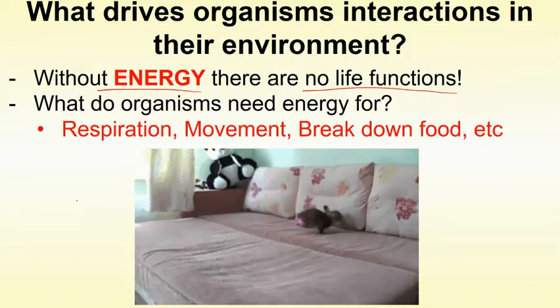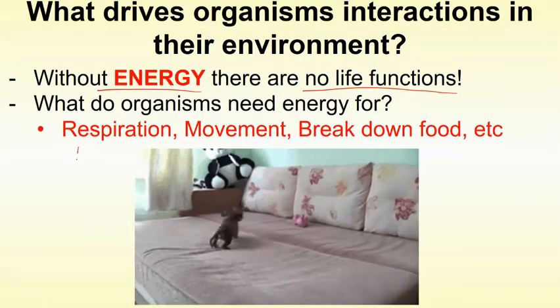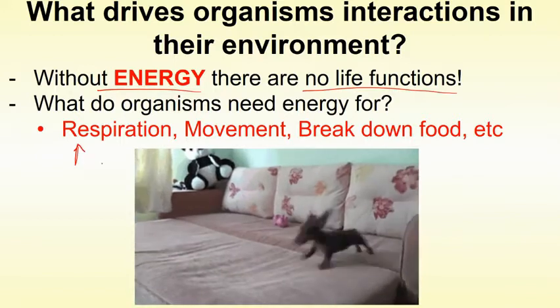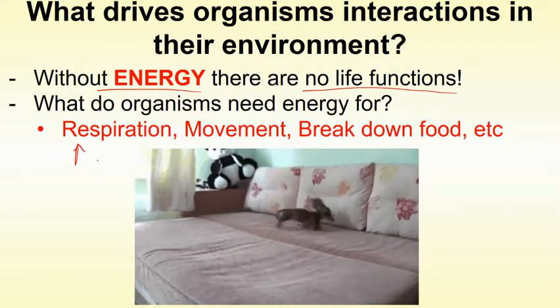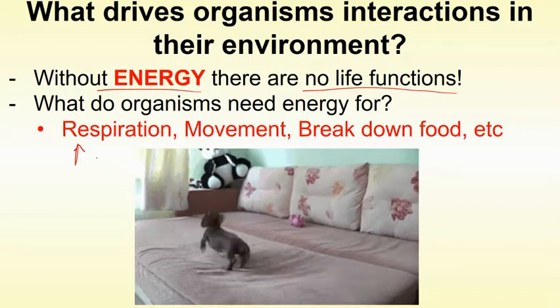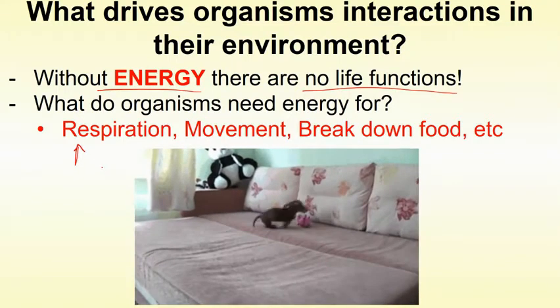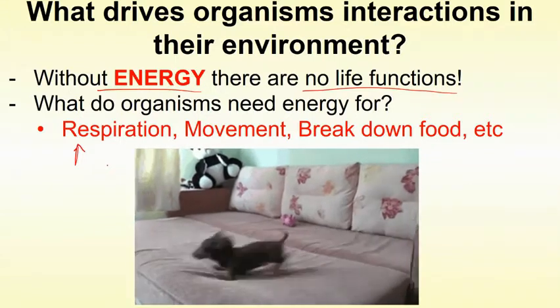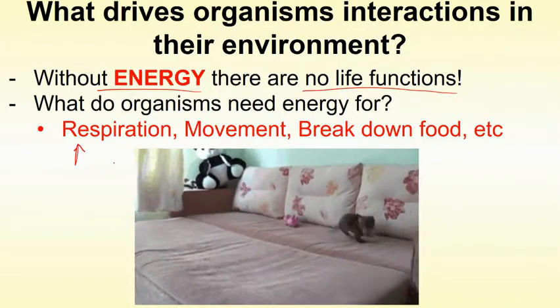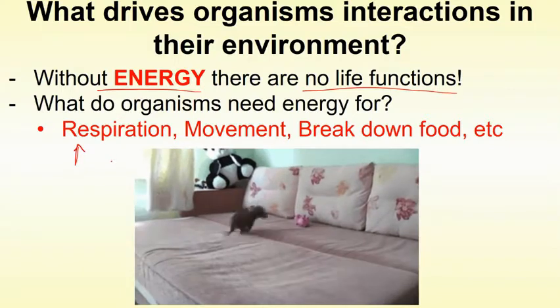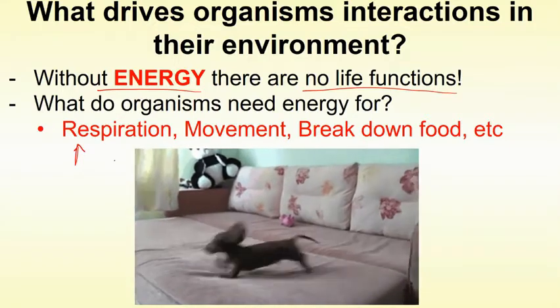Now, things that we're going to need that energy for, first thing is respiration. Okay, us being able to breathe, get oxygen into our blood, get oxygen into our bodies. We absolutely need energy to do that. If you think about just breathing, how many muscles need to move, and how much energy is needed for our bodies to be able to do that.